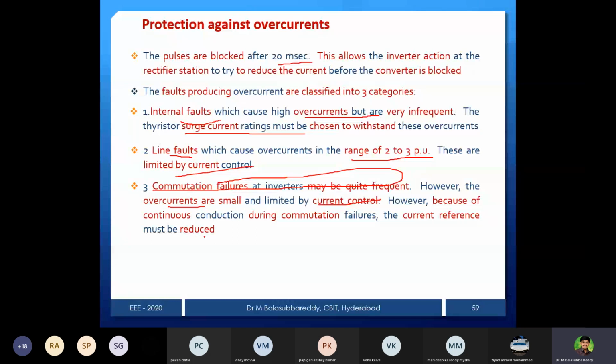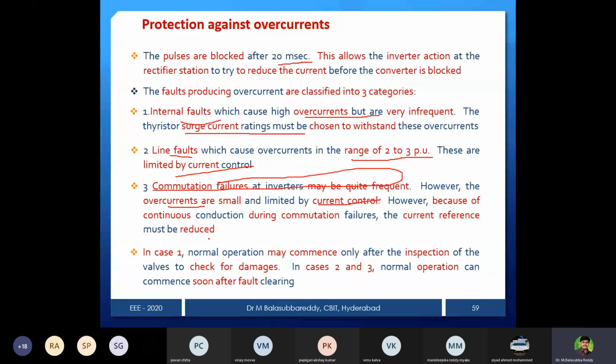So when the current reference reduces, automatically the desired current and actual current, because it is all under a control scheme, that is, the converter current is also going to be reduced. So that is the case of one, the internal fault, with overcurrents very infrequent.